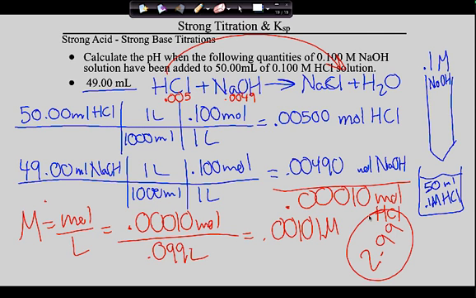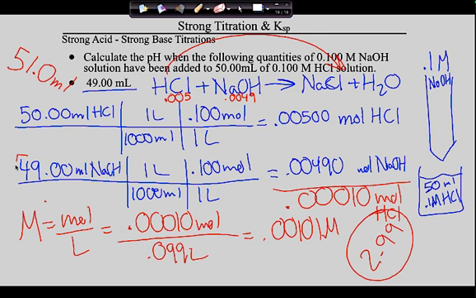You get the idea? So let me leave you with this. Let me write it down because it'll be in the way. What if we were at this point? What if we added 51 milliliters of base to the acid? How would the math change?